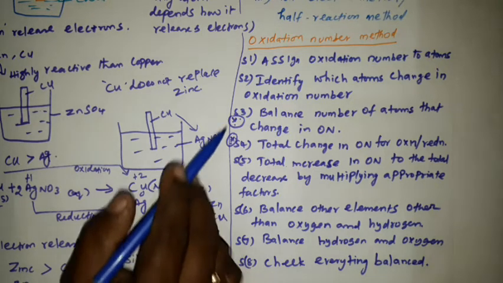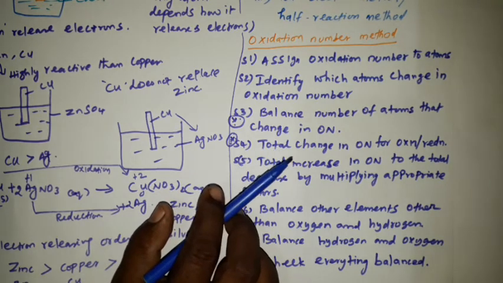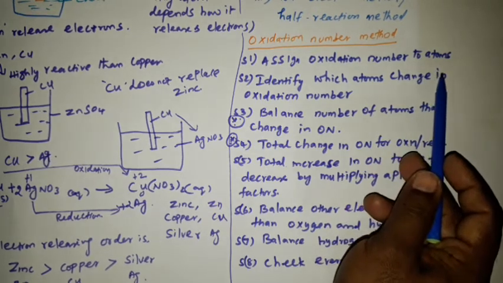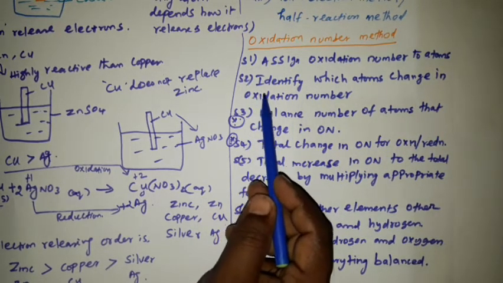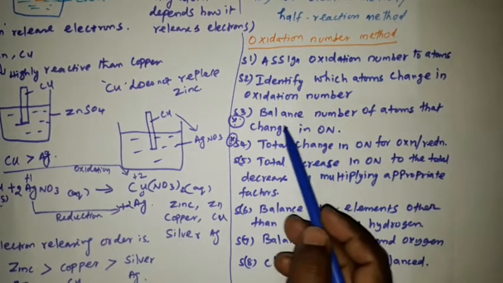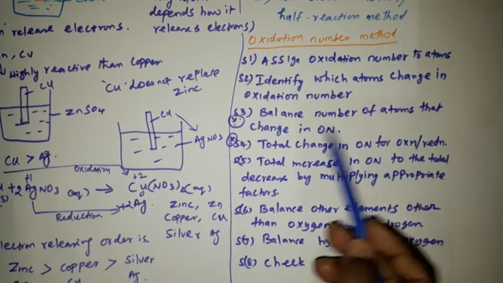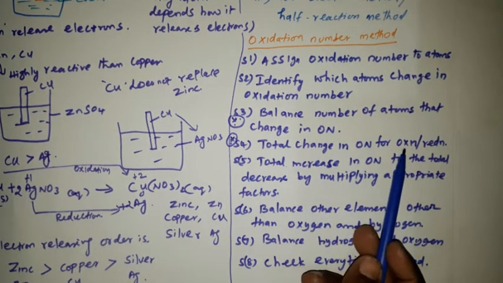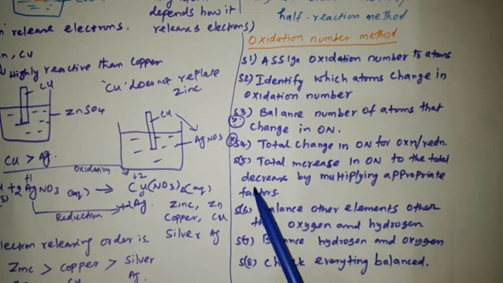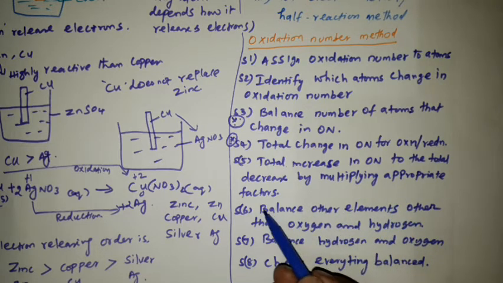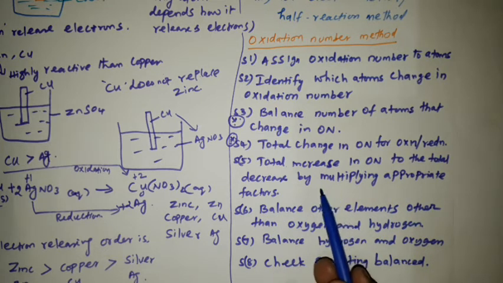So this is called the oxidation number method. You are going to use only the oxidation number. First step, assign oxidation number to all the atoms. In step 2, identify which atoms change in oxidation number. The third step is to balance the number of atoms that change in oxidation number. In step 4, total change in oxidation number for oxidation and reduction. In step 5, you multiply by appropriate factors to equalize the total increase and decrease in oxidation numbers.